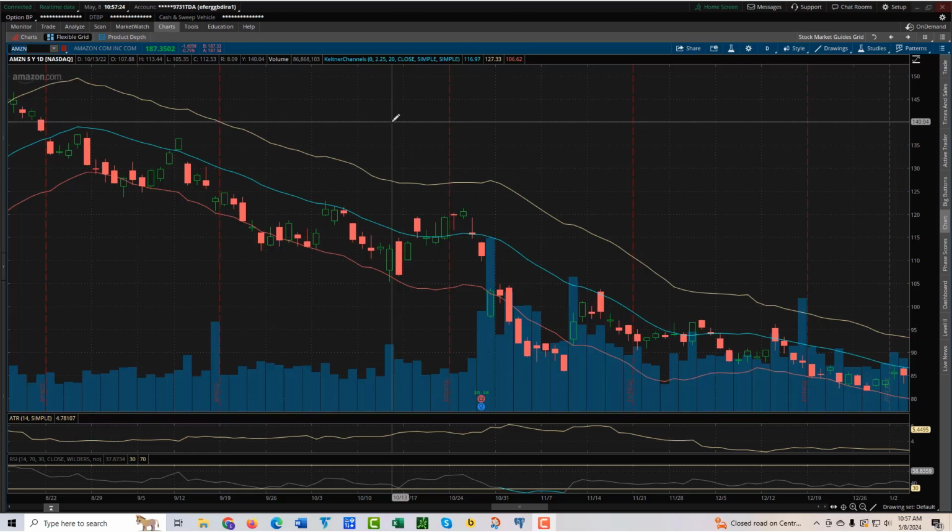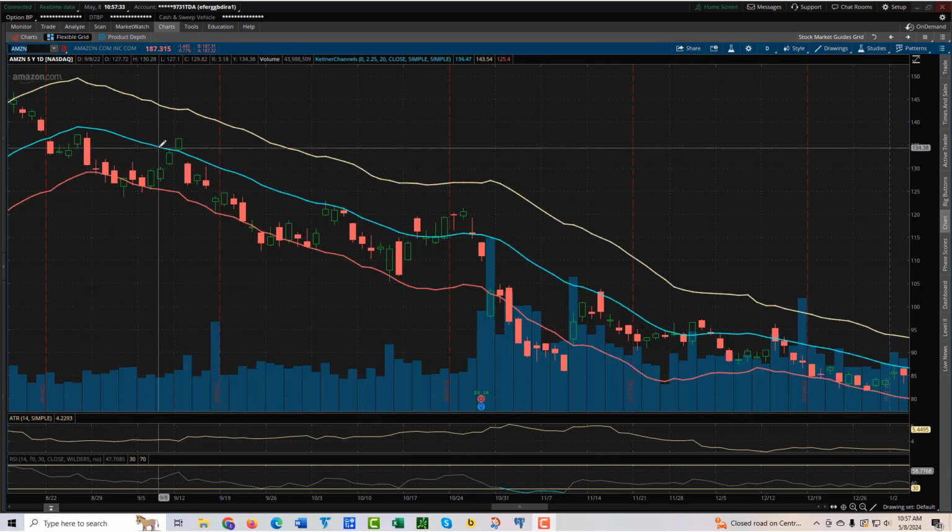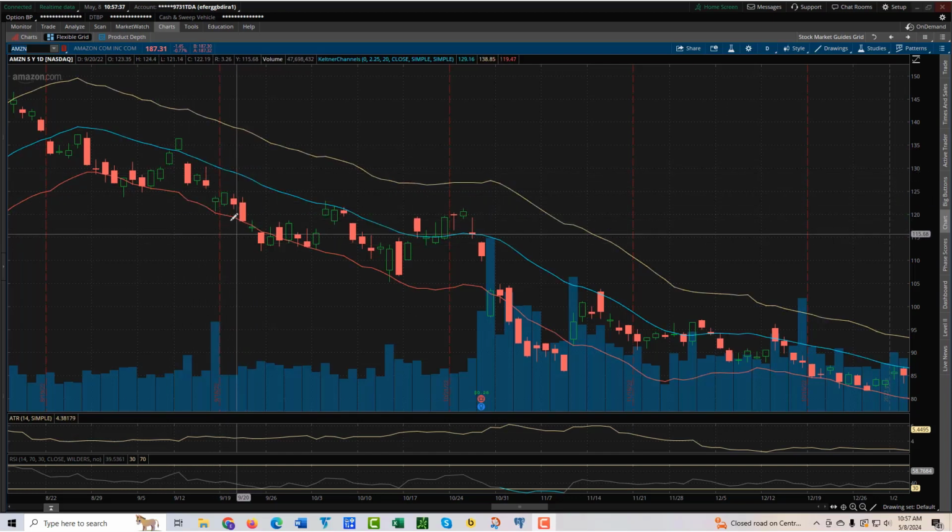But the key thing to know here is that using a Keltner channel, if you see that the price activity, meaning the price bars on the chart, generally fall in the lower channel, meaning between the blue line and the red line, or even lower, then that signifies a downtrend. So although there is this one price bar above the blue line, you can see everything over here is all below it, and so that's a way of indicating that it's in a downtrend.